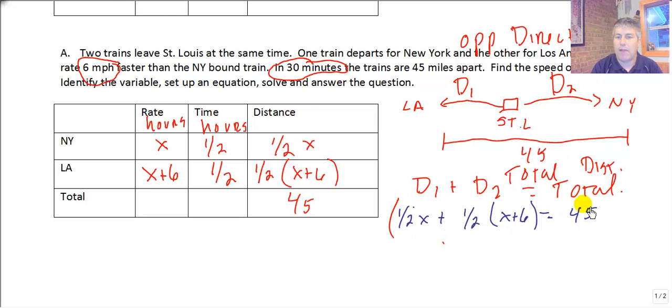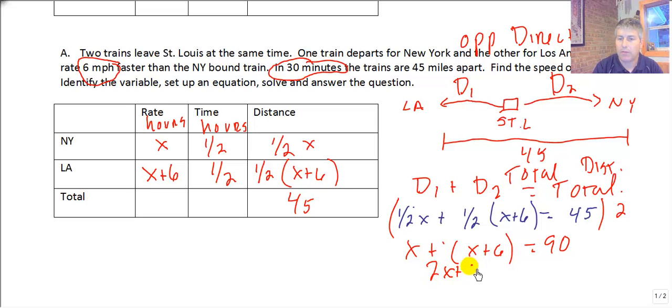And to get rid of the fractions, I would multiply everything by 2, which would give me x plus x plus 6 equals 90, which is 2x plus 6 equals 90, 2x equals 84, x equals 42.